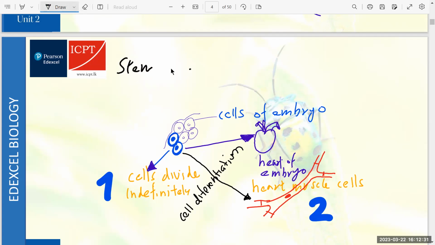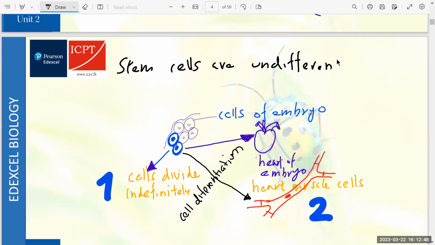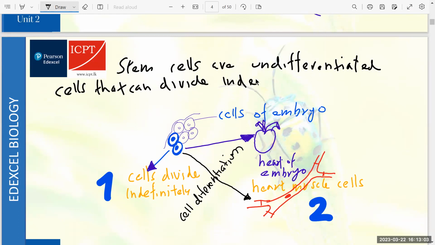stem cells are undifferentiated cells that can divide indefinitely.